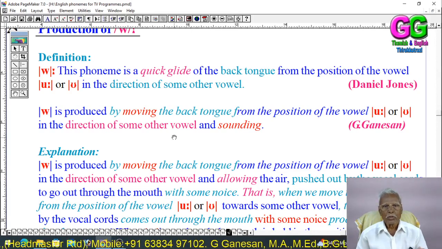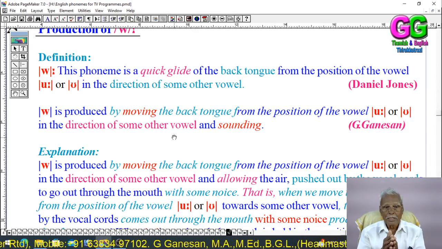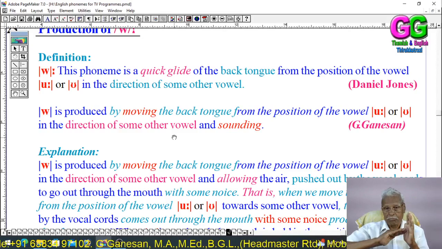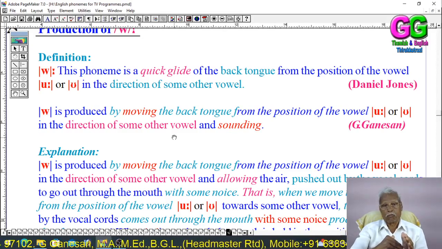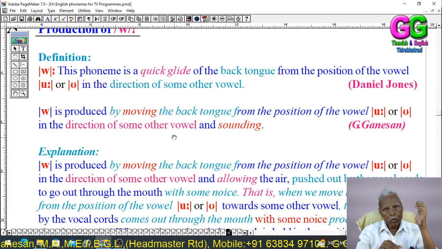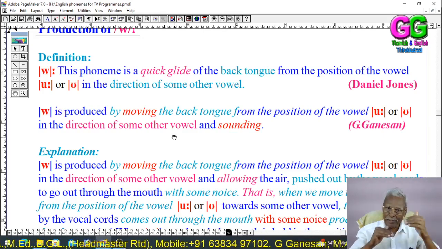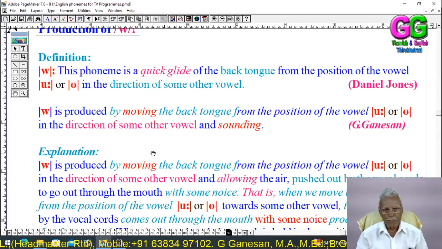That is, O is produced by moving the back tongue from the position of O towards some other vowel, and sounding. Now let us see the diagram.